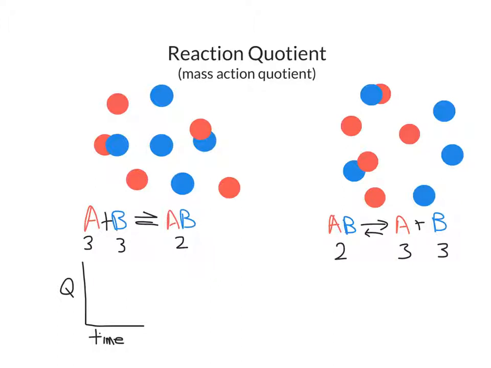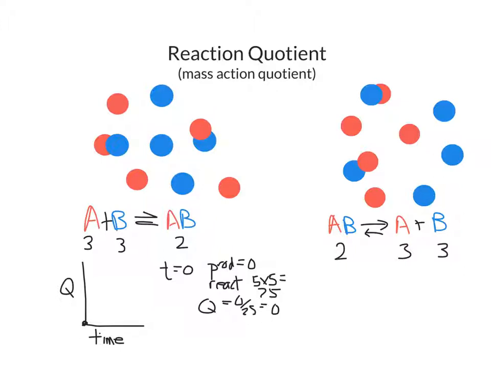And so at time t equals 0, the concentration of products was equal to 0, and the reactants were some finite number, 5 times 5 equals 25, because we had 5 A and 5 B. And so you can see that at time t equals 0, Q was equal to 0 divided by 25, or 0. So we started out with a reaction quotient that was 0.